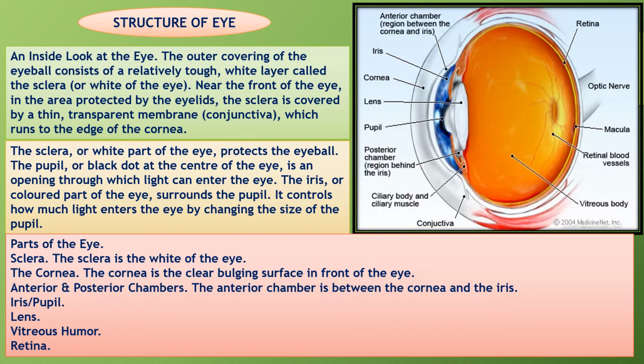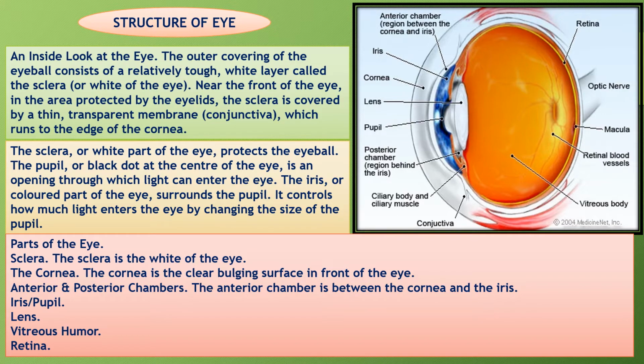Clearly it has been shown that the outer covering is called sclera. After that, cornea, lens, iris, the blue colored portion is the iris. Ciliary muscles are also present. That's why the ciliary body and ciliary muscle have been shown in the orange colored portion. Posterior chamber, the region behind the iris.